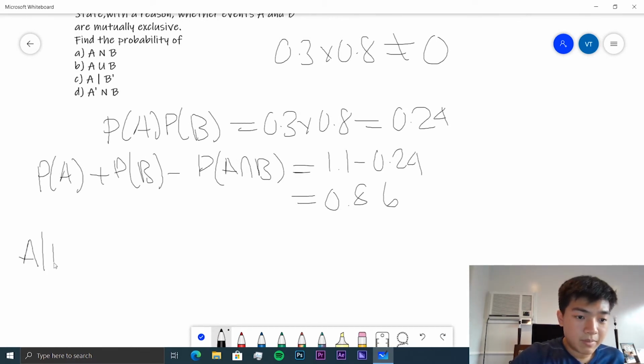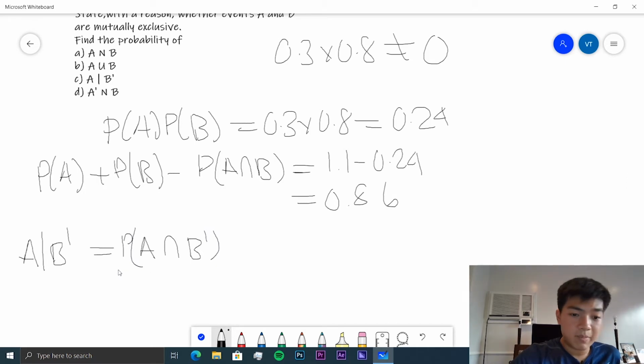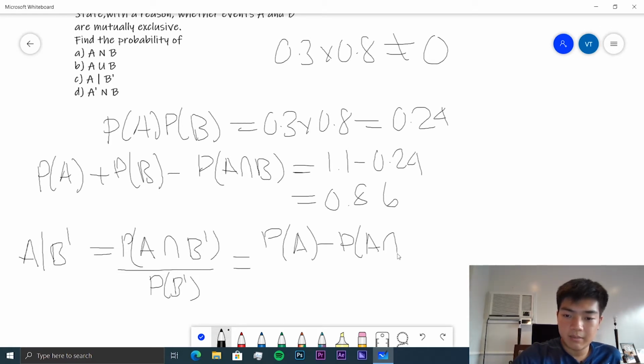Next, A given that B did not occur. So A given that B did not occur is equal to A intersection B did not occur over the probability that B did not occur. So A intersection B did not occur is equal to the probability of A minus the probability of A intersection B over the probability that B did not occur.